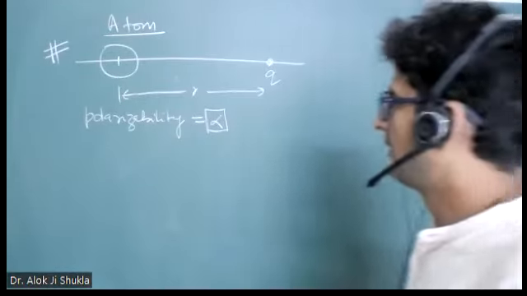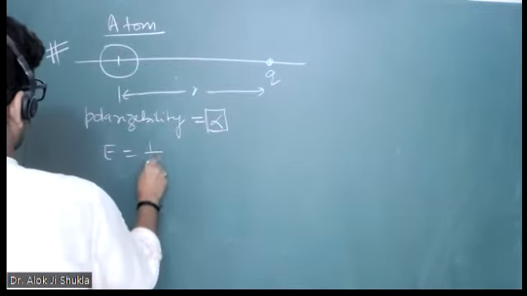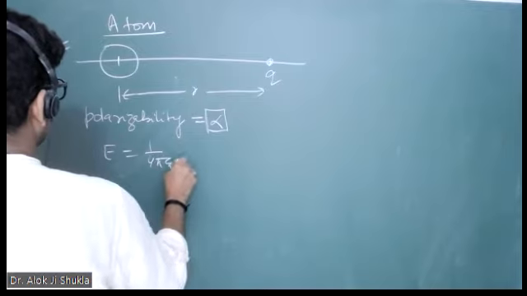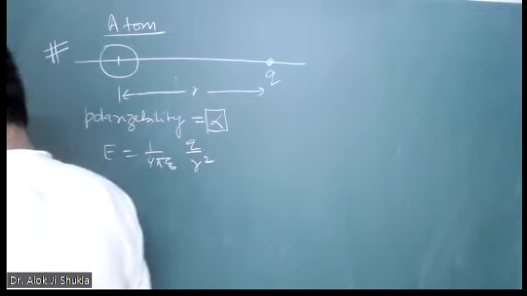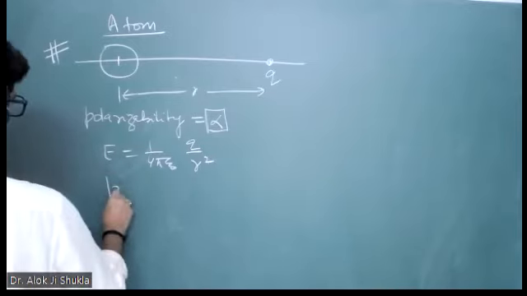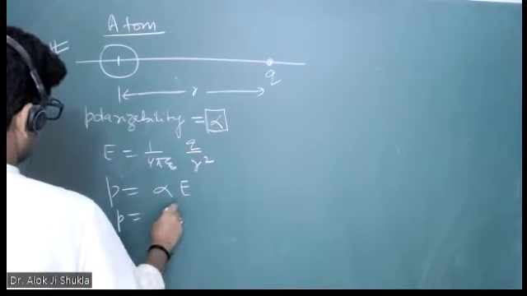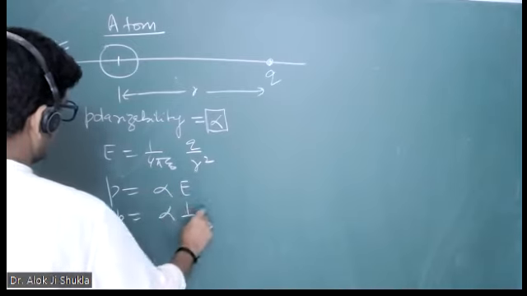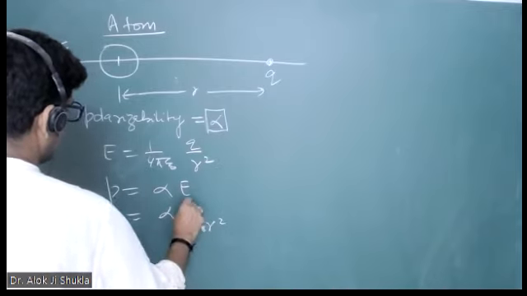Yes, sir. What will be that electric field? E is equal to 1 upon 4 pi epsilon naught q by r square, correct? Yes, sir. And p is alpha E, so p will be alpha into 1 upon 4 pi epsilon naught q by r square, correct?